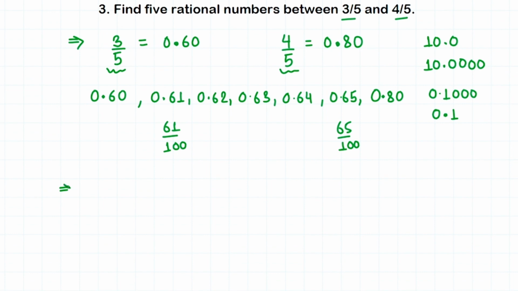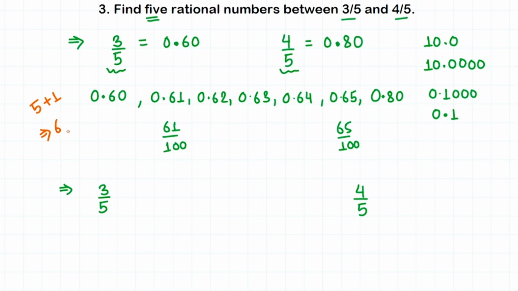Now, for our second method, it's more mathematical than intuition, okay? So we have 3 divided by 5, and then we have 4 divided by 5, right? Now, we need to find 5 rational numbers. And like I said before, you just add 1 with this number 5, okay? So if you need to find 5 rational numbers, you add 1 with this 5, and you're going to get 6, right?